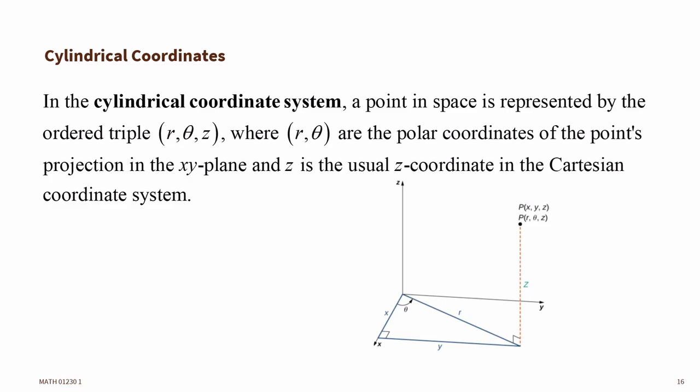And there's no restriction on theta. As long as it's being measured from the positive x-axis, it doesn't matter what theta is. So again, theoretically you have an infinite number of thetas for any given point, because you have all the coterminal angles. For the most part, we keep theta between 0 and 2 pi.